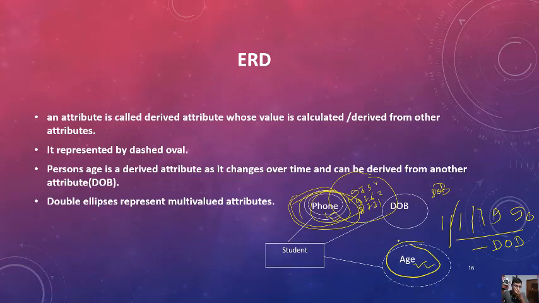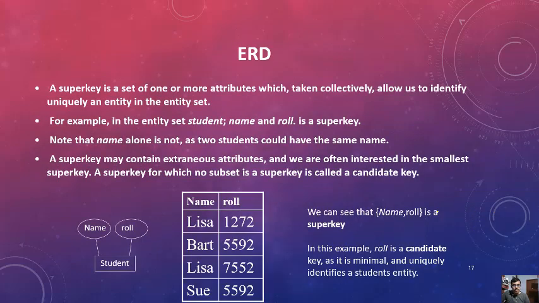The key constraint. The super key is a set of one or more attributes which taken collectively allows us to identify uniquely an entity in an entity set.